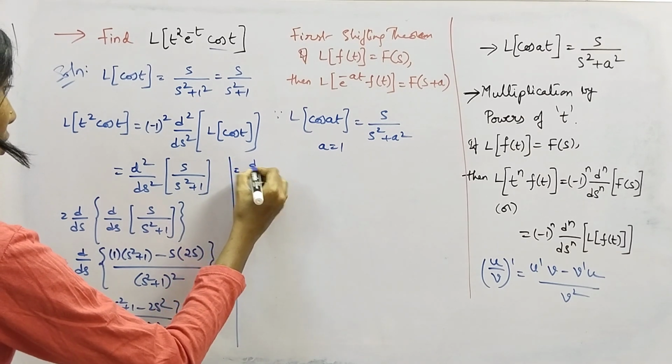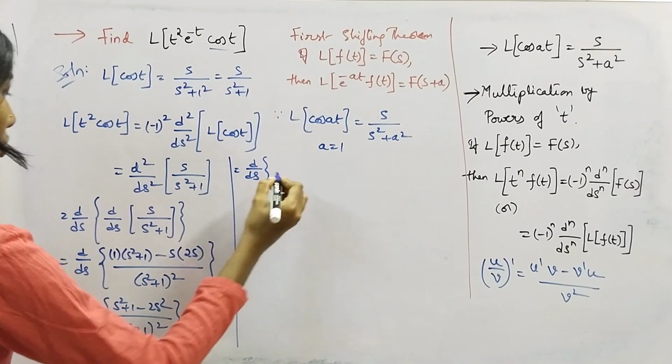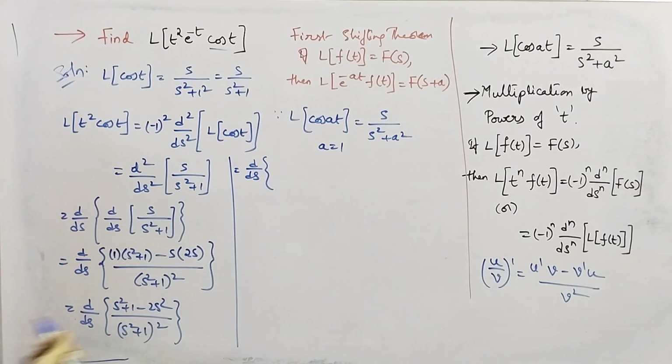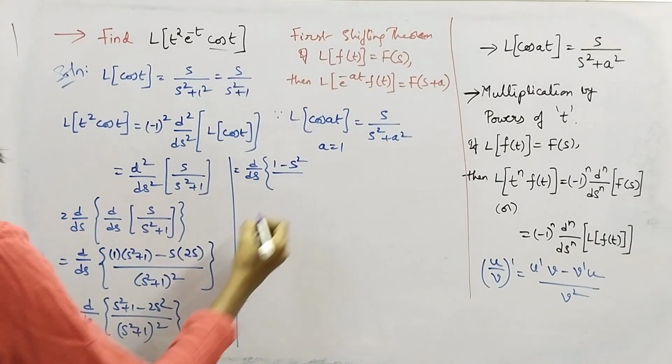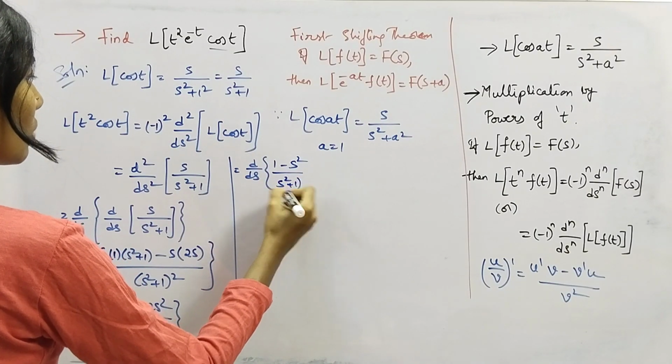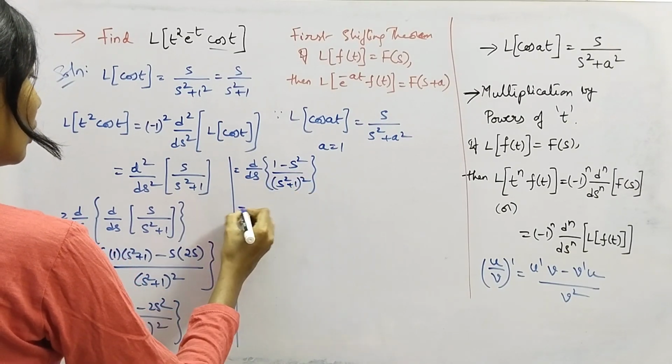This gives us s square minus 2s square is minus s square, so you'll get 1 minus s square by s square plus 1 whole square, right?